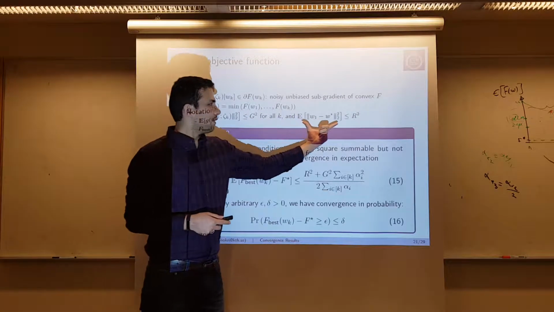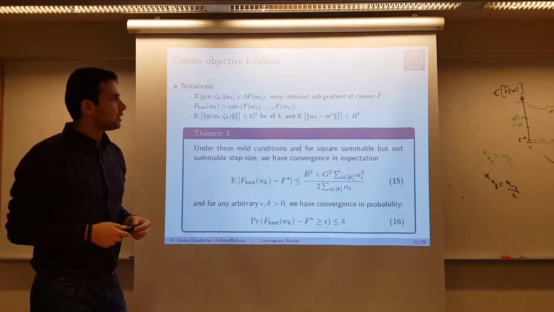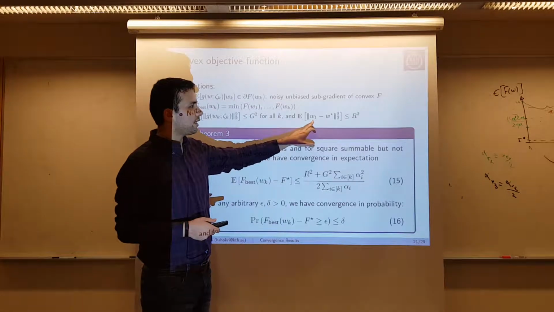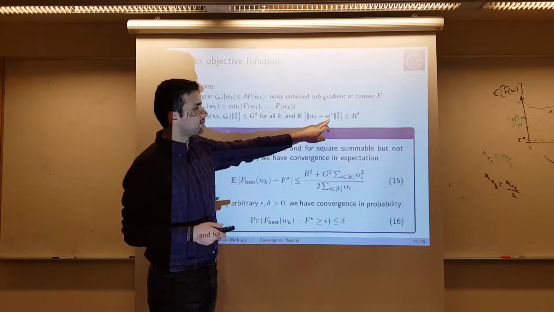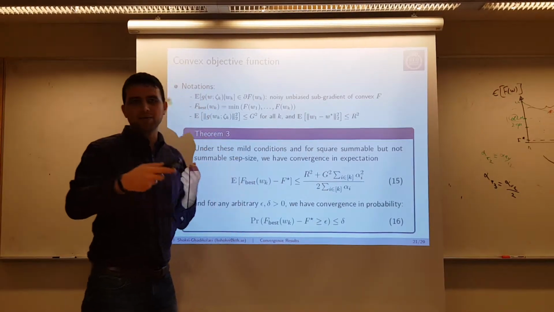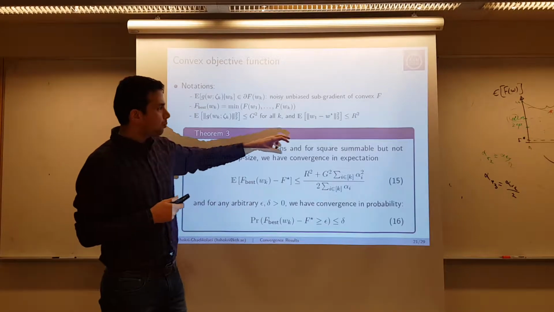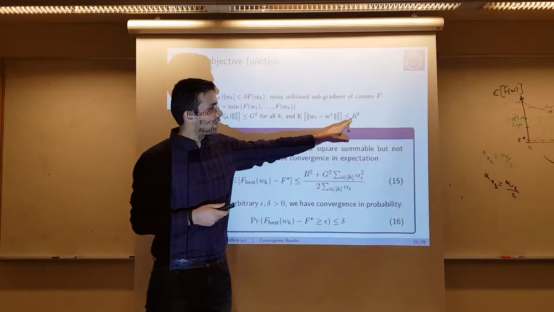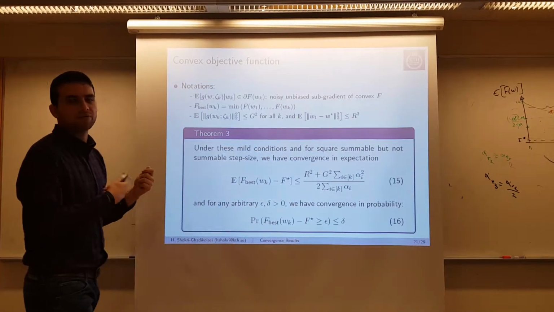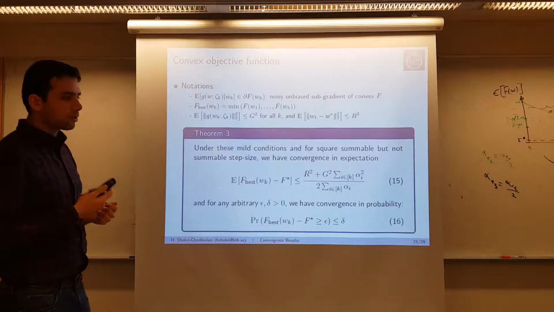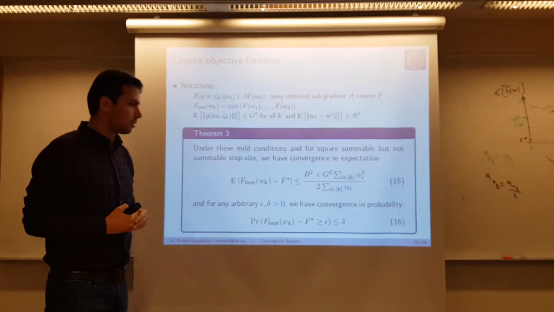And then another pretty important assumption is that the initial guess has a bounded deviation from the optimal solution. So, as Saikat asked, if we start from a better point, we have a smaller r. But then we should be able to characterize how good this starting point is.